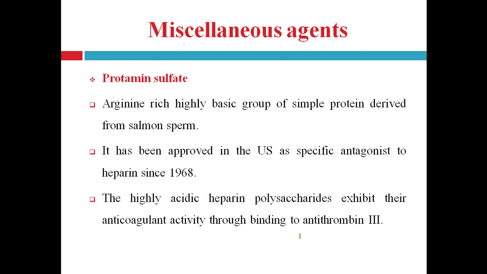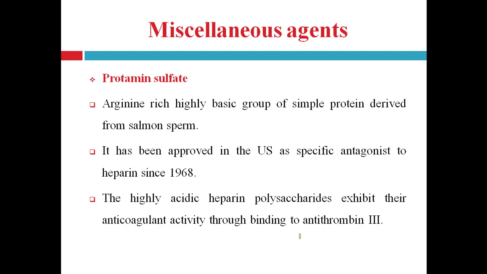Then protamine sulfate. Protamine is an arginine-rich, highly basic group of simple proteins that is derived from salmon sperm, that is, one type of fish. It has been approved in the USA as a specific antagonist to heparin since 1968.